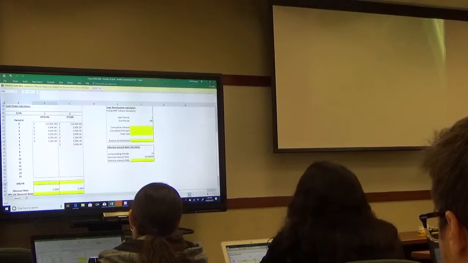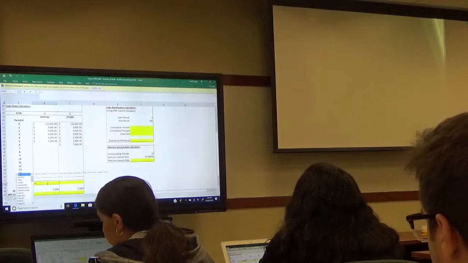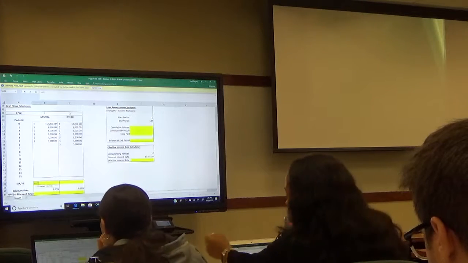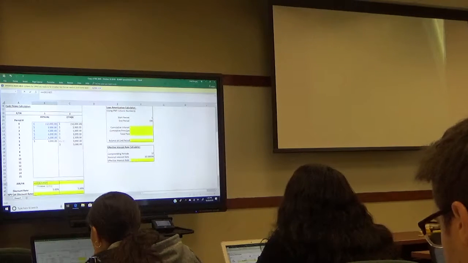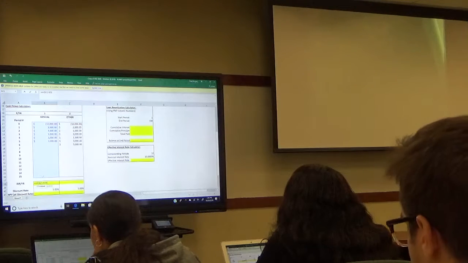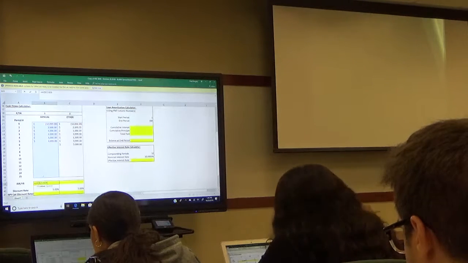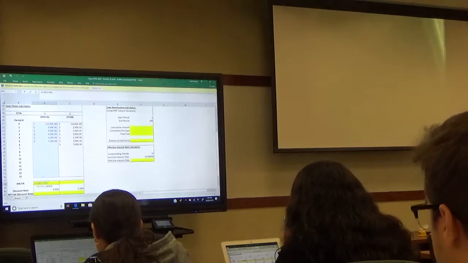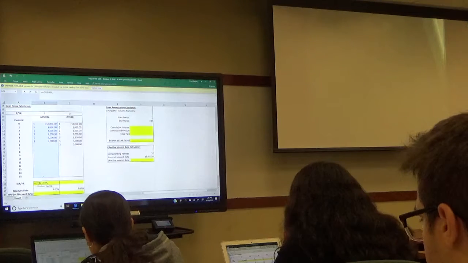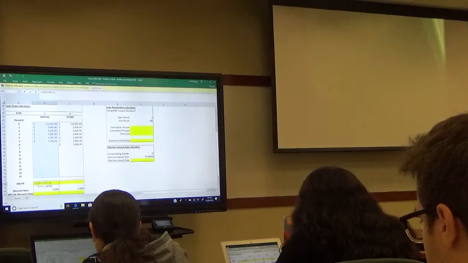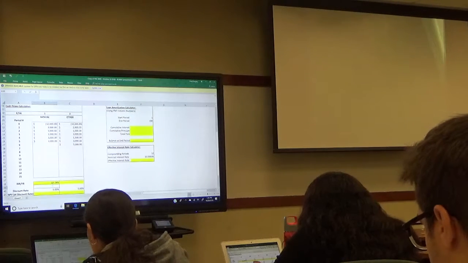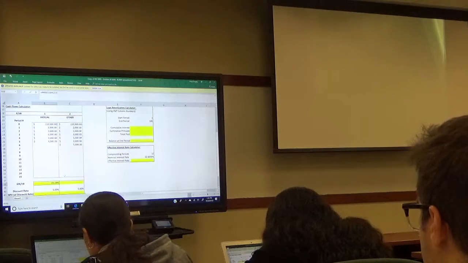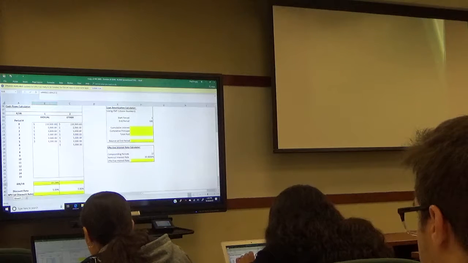You pretty much come down here, equal IRR, open parentheses, and then you come up here, grab the values, the whole range from 1 to 15, and then put in a guess if you want to, 0.1 or something. It's that simple. So a lot less work to get the same answer that you do with the calculator.